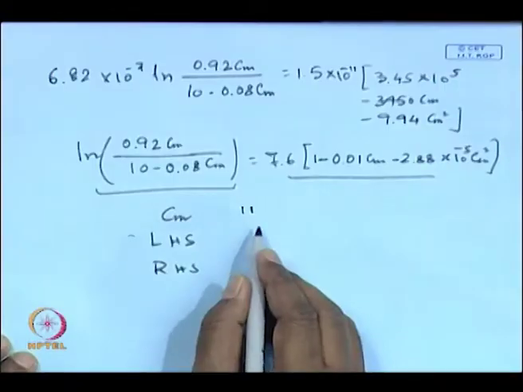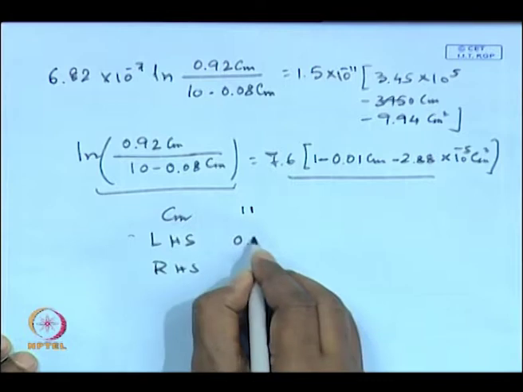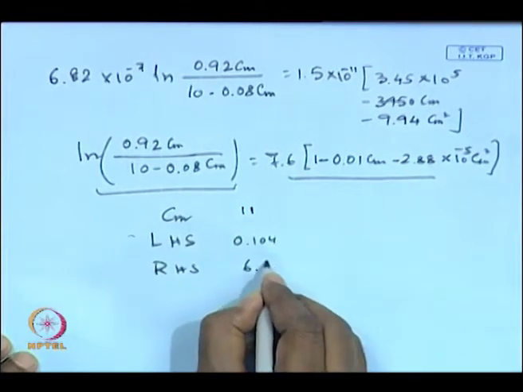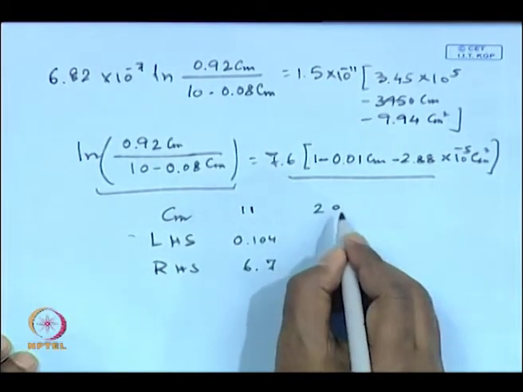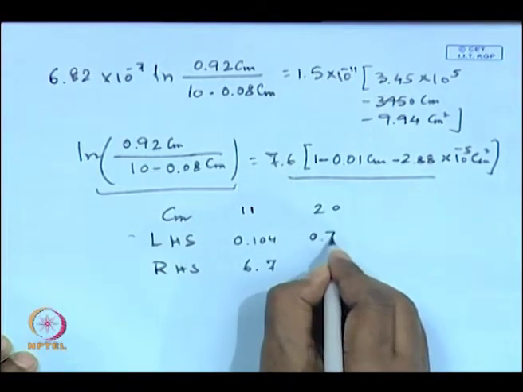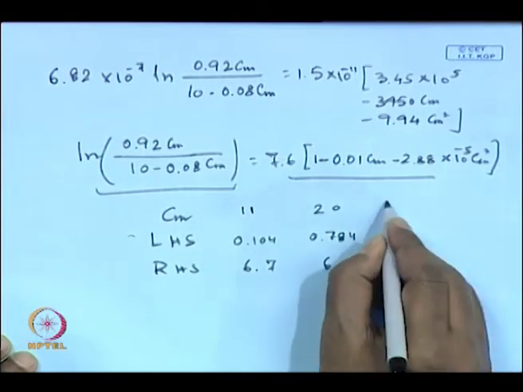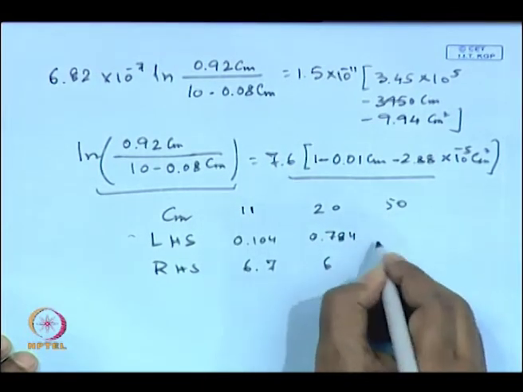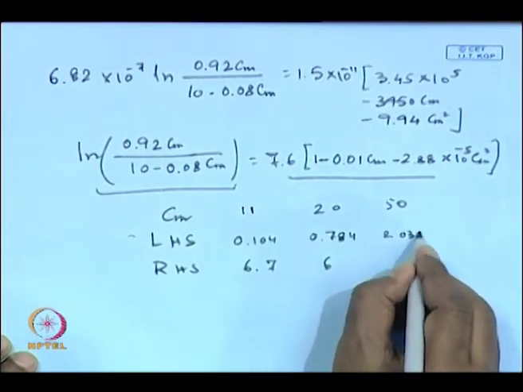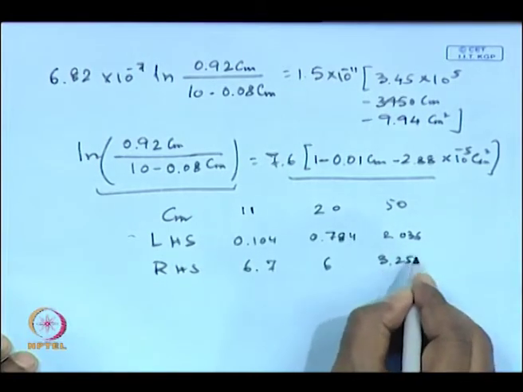If you guess Cm equal to 11, the left hand side becomes 0.104 and the right hand side is 6.7. If it is 20, the left hand side is 0.784, the right hand side becomes 6. If it is 50, it becomes 2.036 and 3.25, and so it is now less.